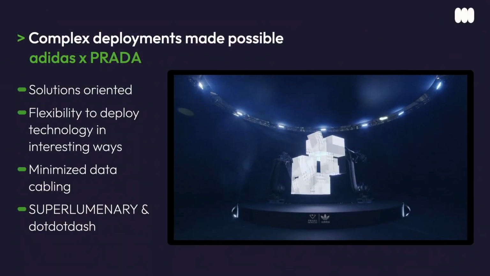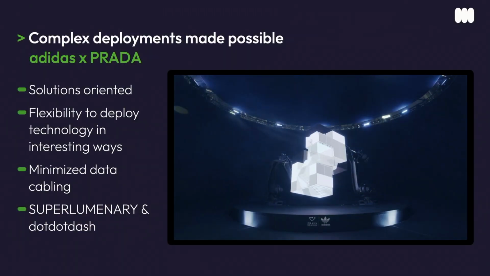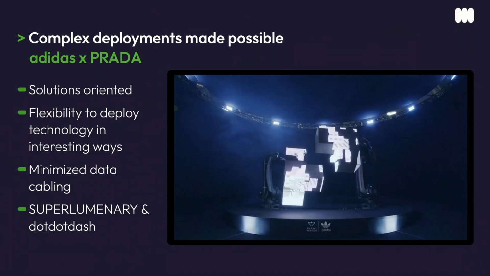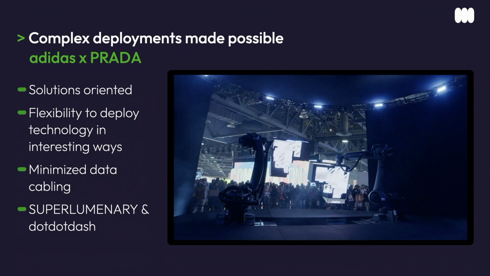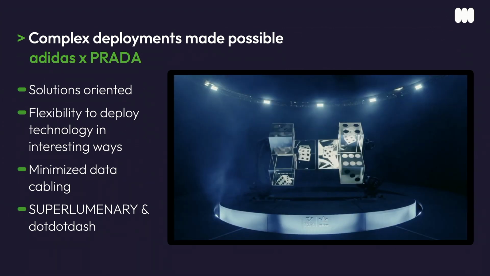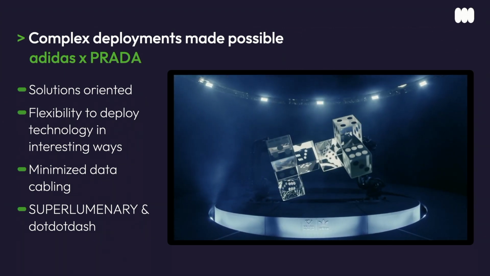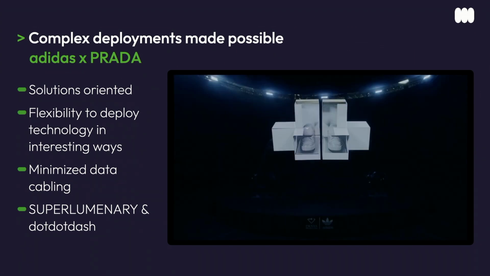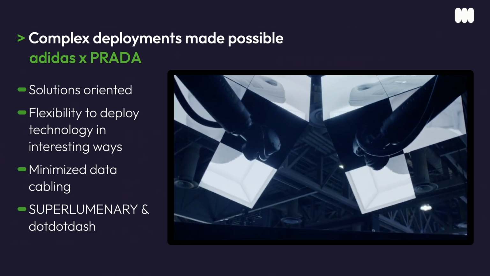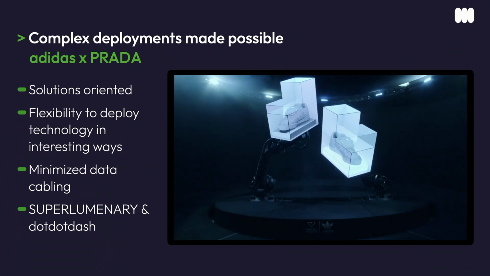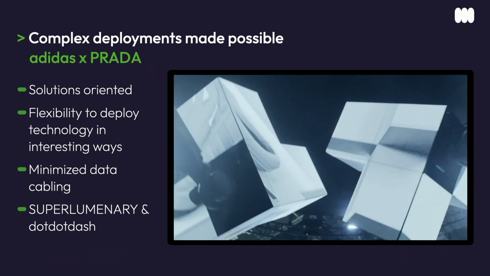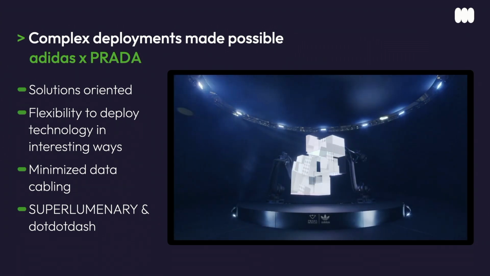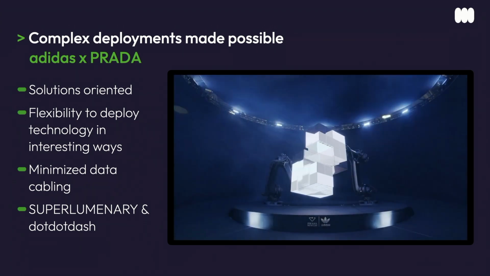Another example of a project was in conjunction with Superluminary and Dash. We were fortunate enough to be asked to help provide video for this. This was a collaboration with Adidas and Prada, and we made the LED system for this. What was unique was that, because this is Ethernet controlled with high bandwidth, the weight that could be put on the robots was very limited.